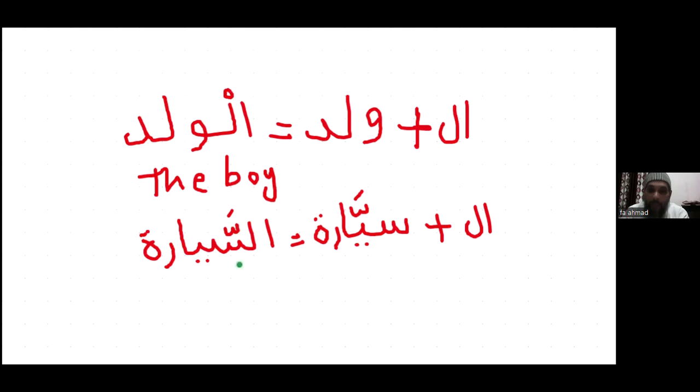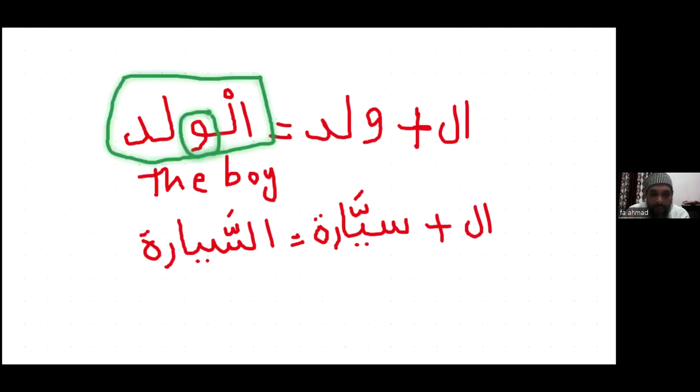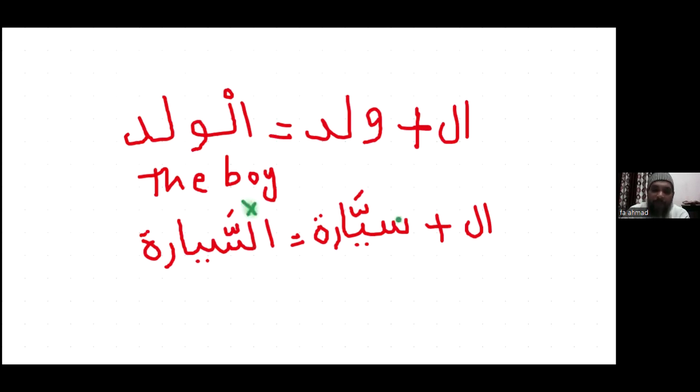So it is about sun and moon letters. Why? In "al walad" we read the lam because this word starts with a moon letter. And in "as sayyara" we don't read the lam because this word starts with sin, a sun letter.